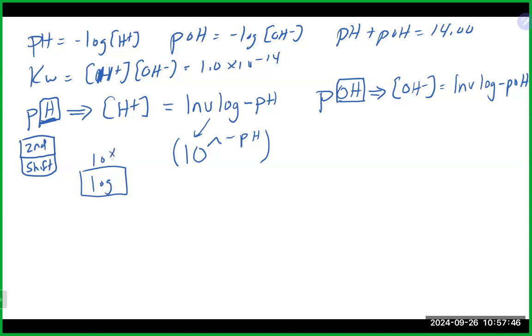That is how you get to that button in case you need to get there. If you're going to punch this into your calculator and you have a display calculator, you do the shift log and then negative and put in the pH.